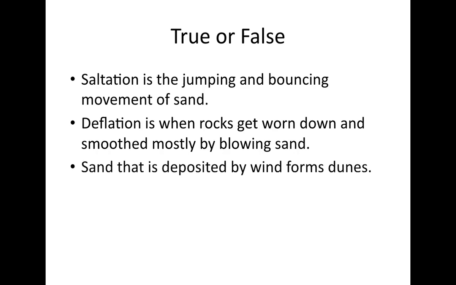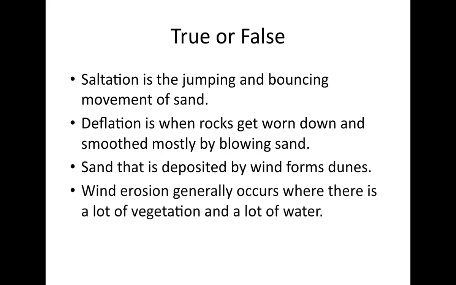All right, next one. Sand that is deposited by wind forms dunes. True or false? True. Very true. And the last one, wind erosion generally occurs where there's a lot of vegetation and a lot of water. True or false? Give it a try. True or false? 50-50.